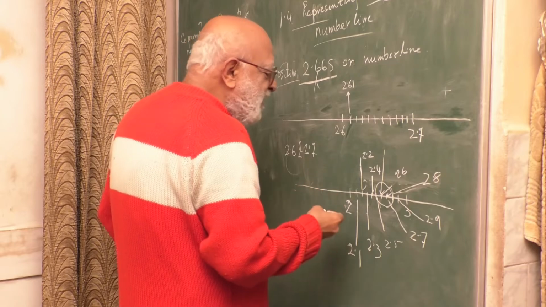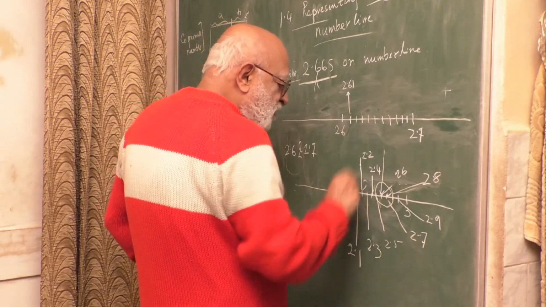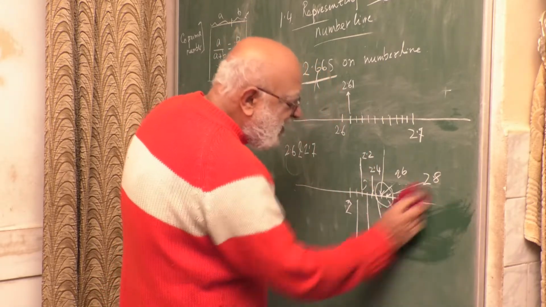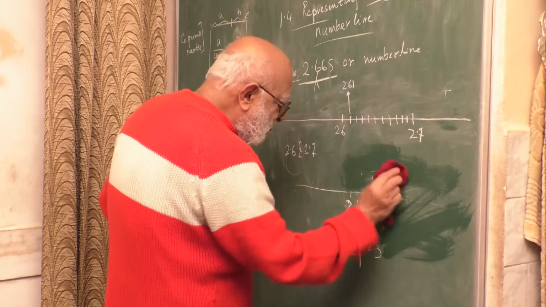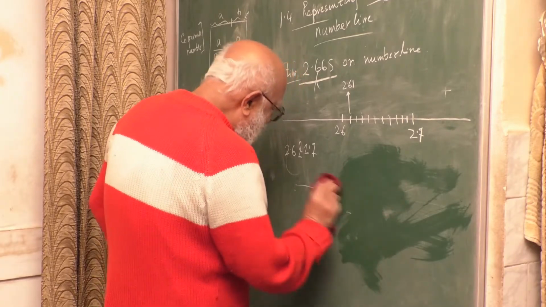This one becomes now 2.61. Okay, I will skip this and go to this one, because you can see how much confusion it is going to create, which made me go through a small correction.